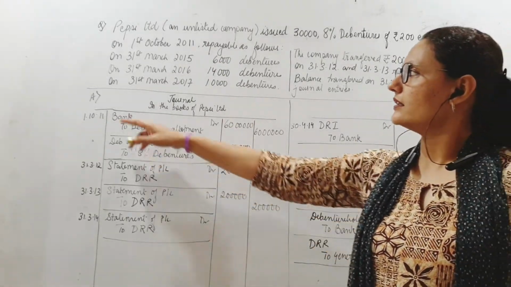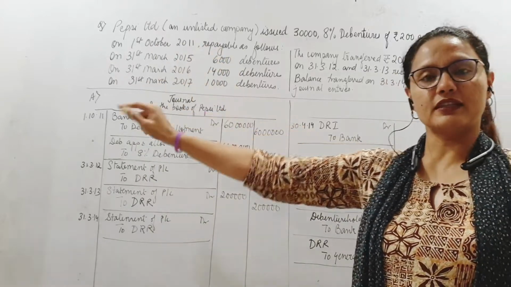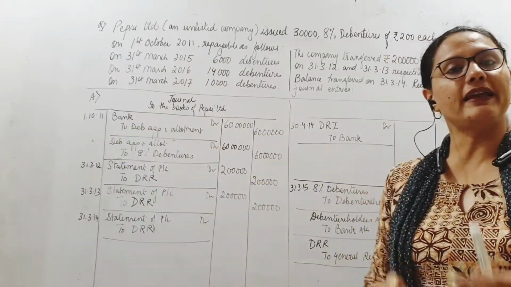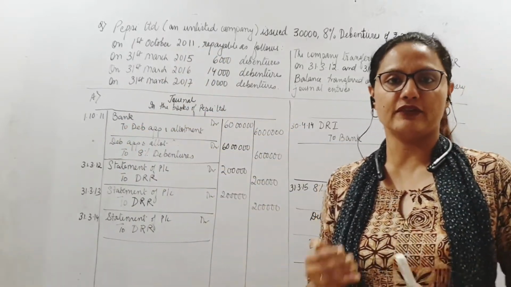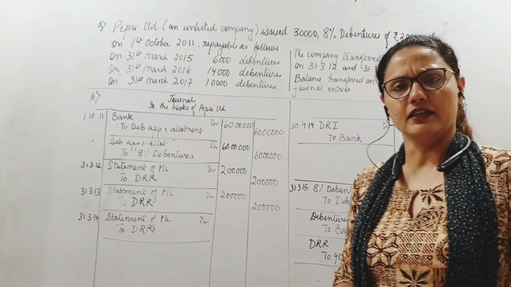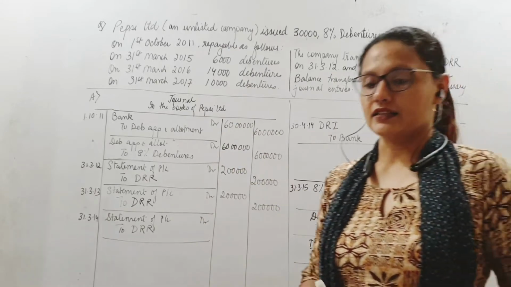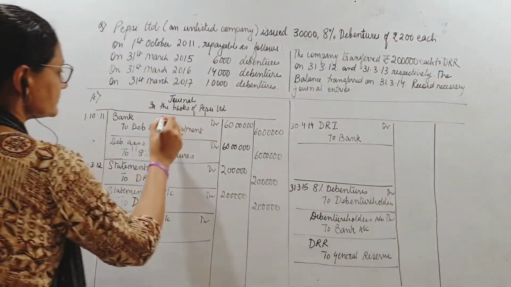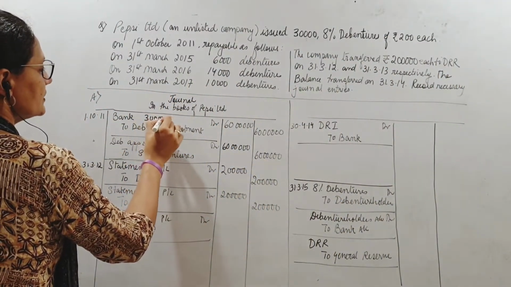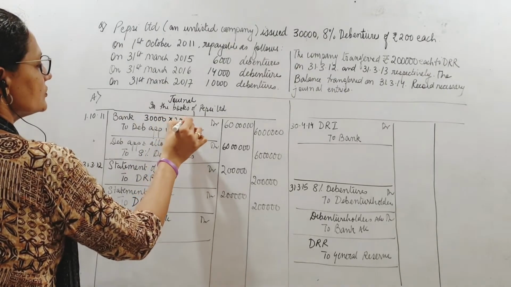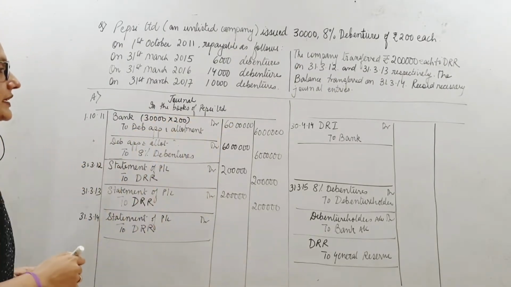So here we are seeing the issue was made on 1st October 2011. Bank account debit to debenture application and allotment. This we have already done, similar to the issue of debentures. So 60 lakhs. How do I get 60 lakhs? I am issuing 30,000 debentures, each worth 200. So that comes to 60 lakhs.